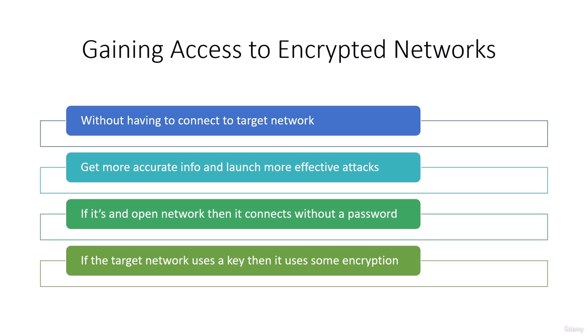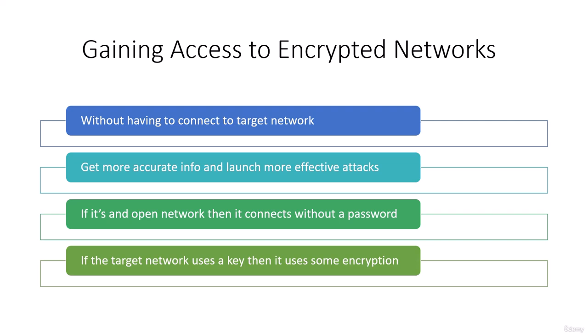If the network is a wired network, then you can connect to it using your wire. Maybe after you connect, you need to change your MAC address to something else so that you can connect.